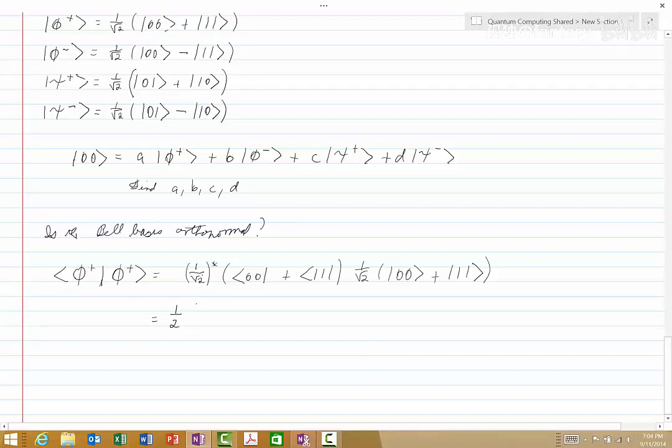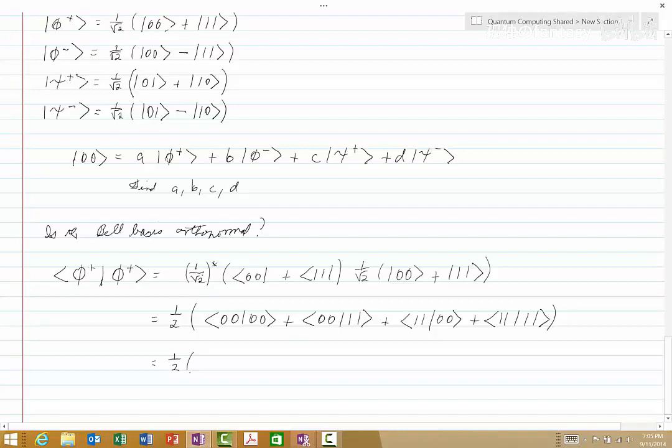And then we will get the following inner products. How do we evaluate these?